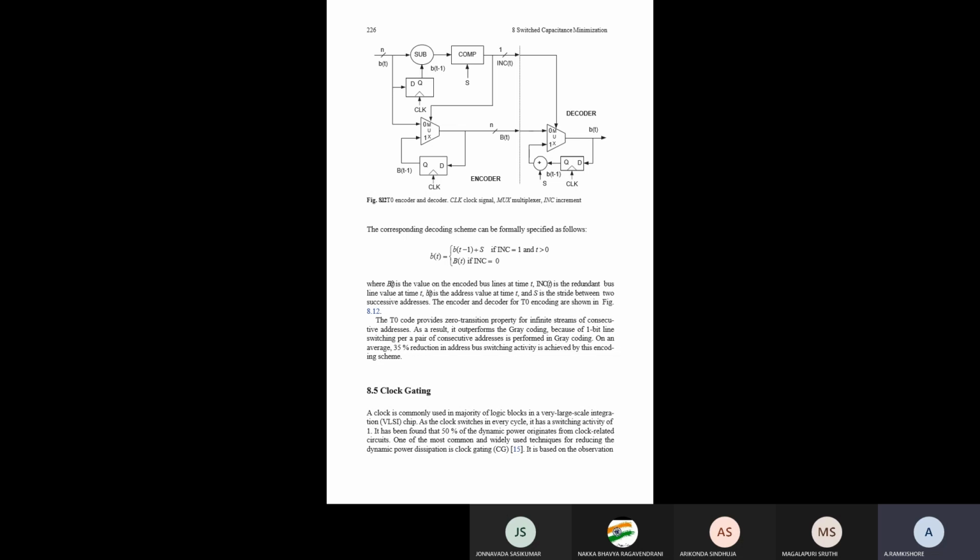Here the clock switches in every cycle. This clock switches from high to low, or low to high value in every cycle for every operation.